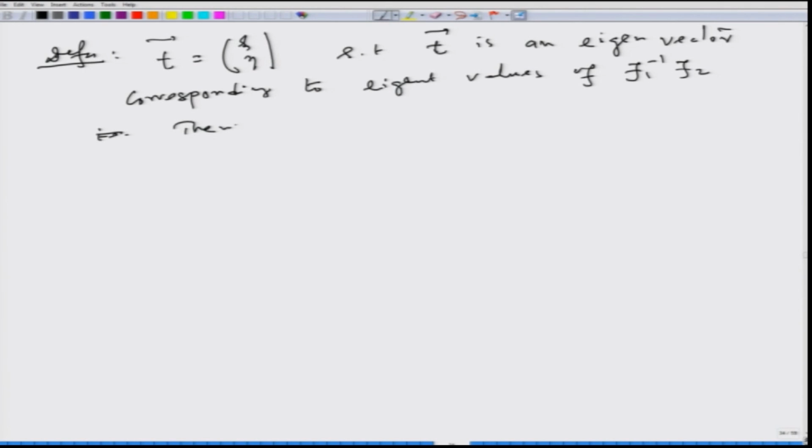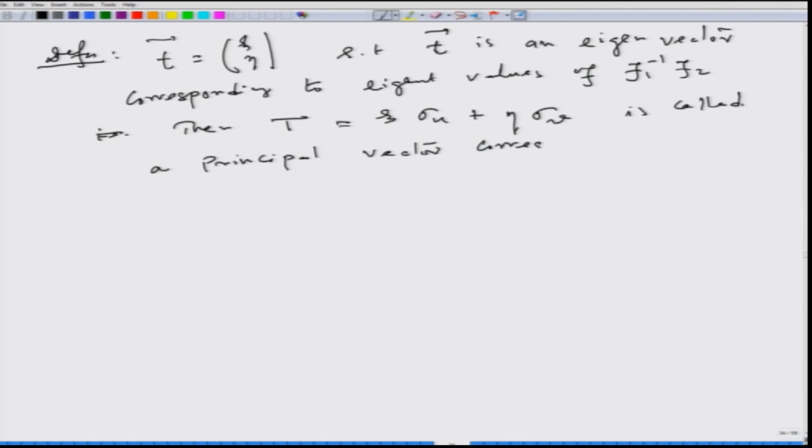Then this vector T, xi sigma_u plus eta sigma_v, is called a principal vector corresponding to that eigenvalue, one of the eigenvalues of this matrix, where the eigenvalues are k1 or k2, right.